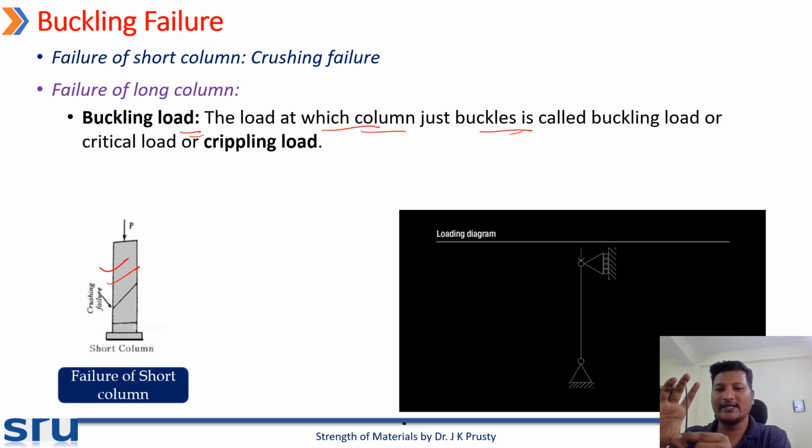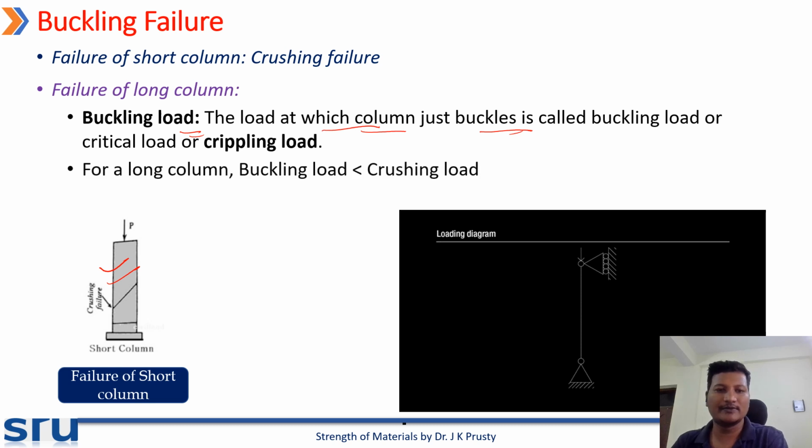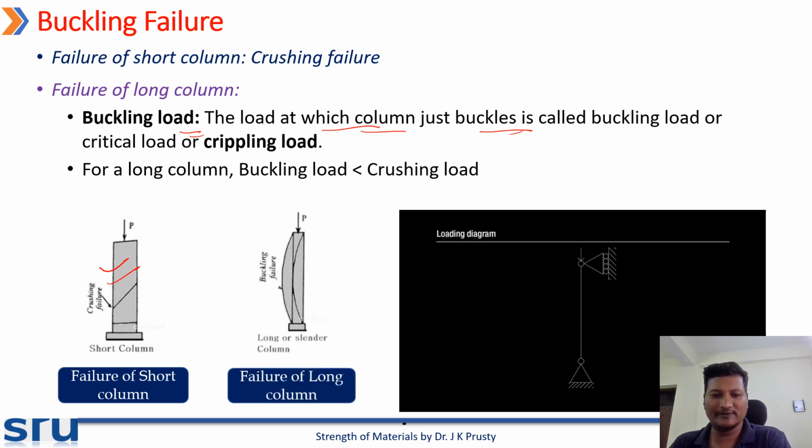While designing a column, it is very important to understand and calculate the buckling load of the column. It has also been seen that for a long column, the buckling load is less than the crushing load.